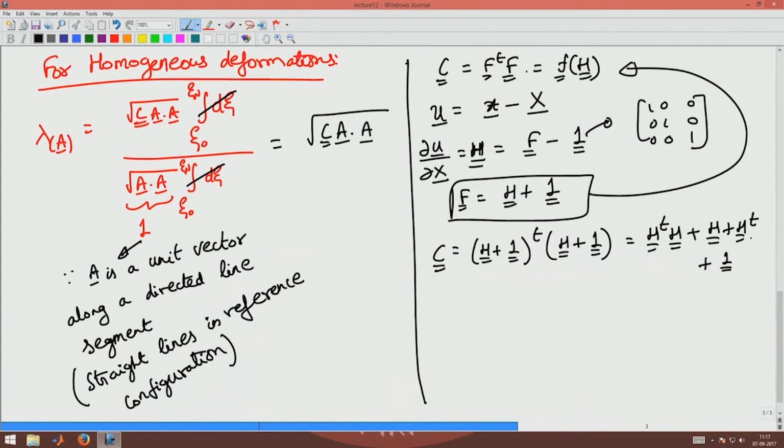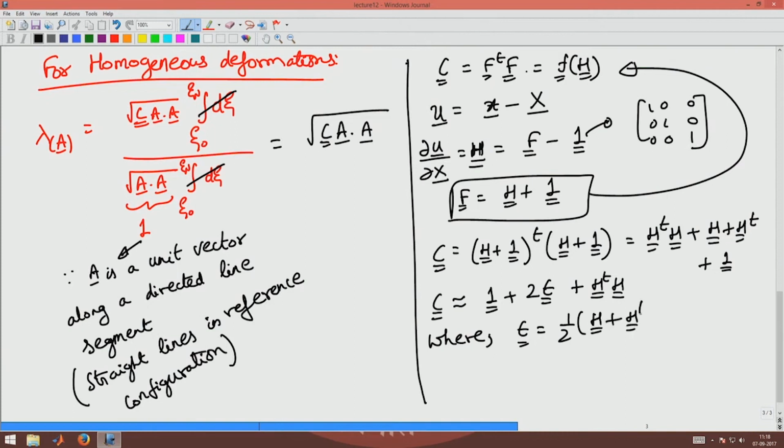Okay. Now, substituting this back into lambda of A or further simplifying C, you will find that C can be written as 1 plus 2 epsilon plus H transpose H, where epsilon is half of H plus H transpose.